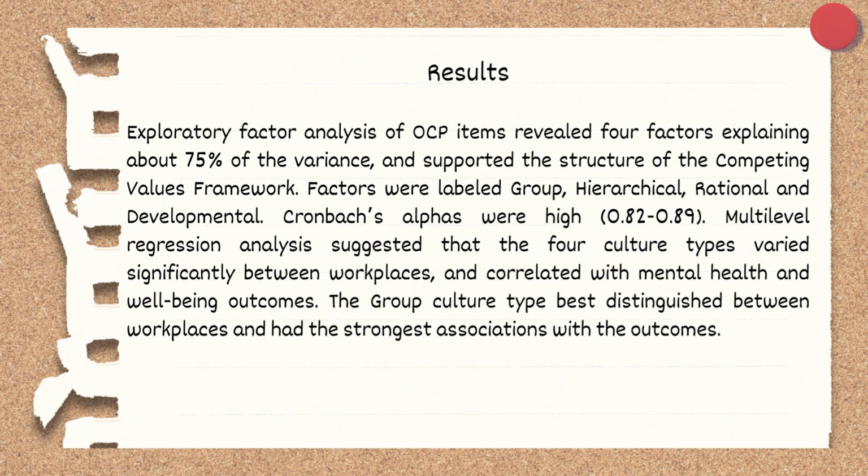Multi-level regression analysis suggested that the 4 culture types varied significantly between workplaces and correlated with mental health and well-being outcomes. The group culture type best distinguished between workplaces and had the strongest association with the outcomes.